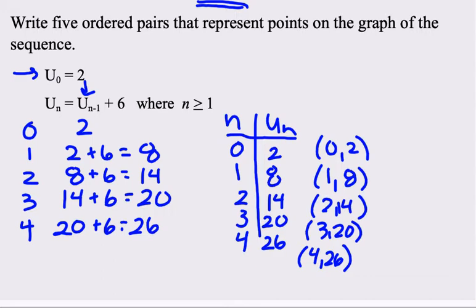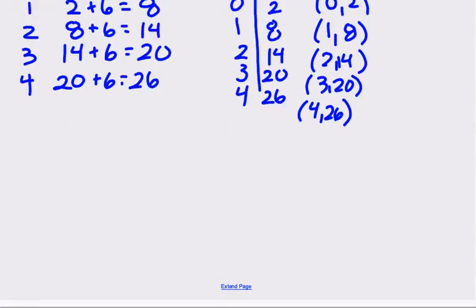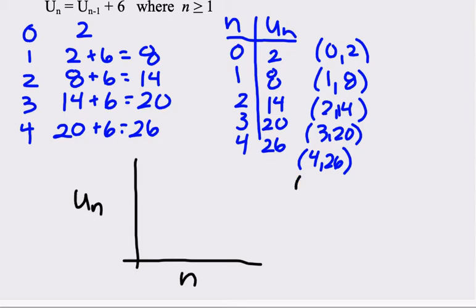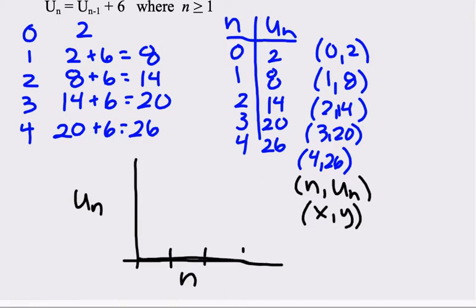Let's actually take a second and graph them so we can talk about discrete versus continuous. So the idea is if we had a graph in quadrant 1, the term number is your n and the value of the term is u sub n. So I look at these ordered pairs and see them as n comma u sub n. You could certainly think of them as x comma y, you're much more used to that. So on the x-axis where the term numbers are, it goes 0, 1, 2, 3, and 4.